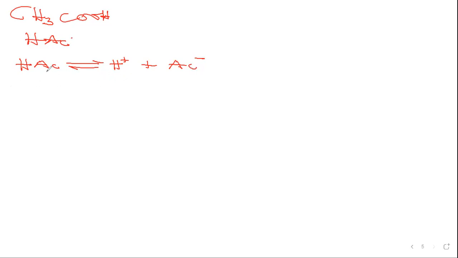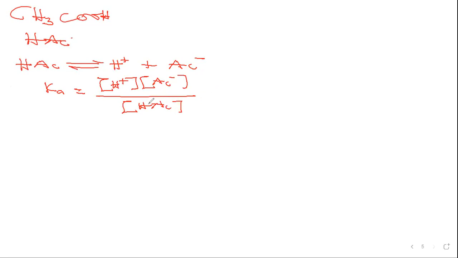But from basic chemistry, you know that the Ka of this is going to be the product of the concentrations of the dissociation products divided by the concentration of the acetic acid, the reactant.